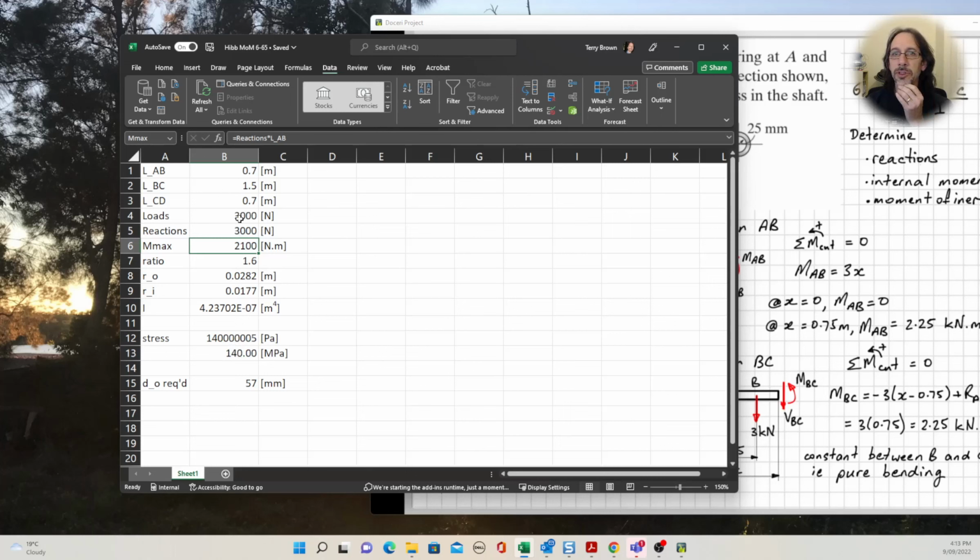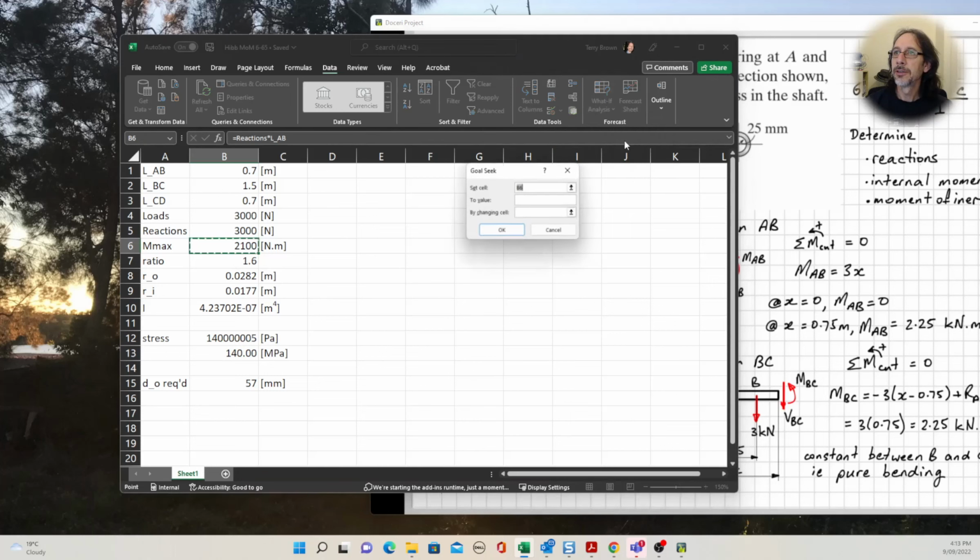So I can do that again. Let's redo my what-if analysis. Let's do goal-seek and set cell. Oh, no, we want this cell, don't we? We want to change this cell to be that cell for the stress. We want that to be 150, and we want to do that by changing, I'm going to try this and see what happens.